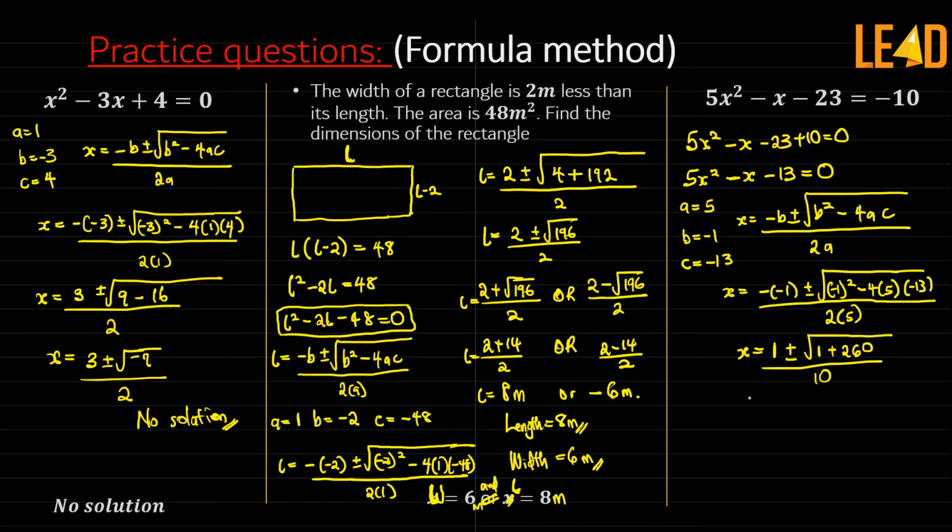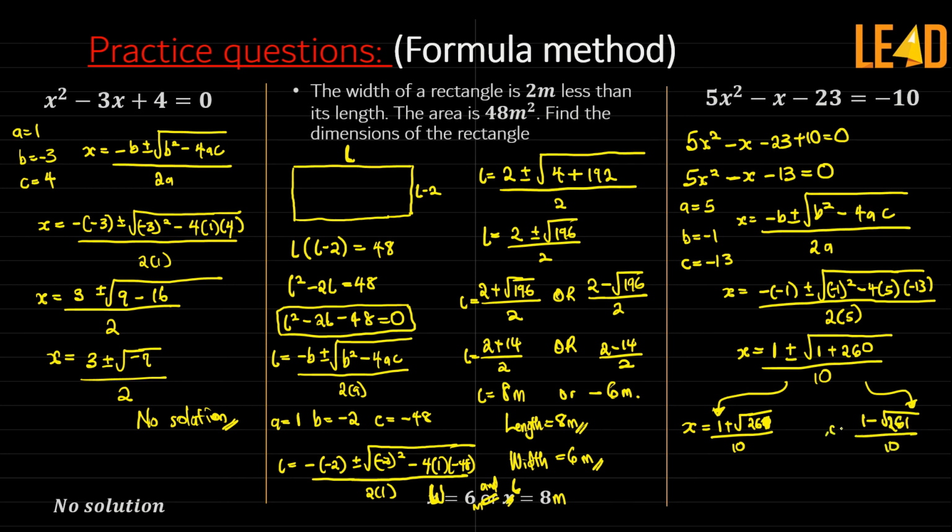So this is our solution over 10, but we can solve them out. One solution will be when it's positive, one when it's negative. So we'd have x is equal to 1 plus the square root of 261, and you do that first, then divide your answer by 10, or 1 minus the square root of 261 over 10.